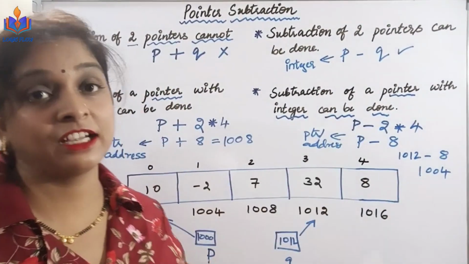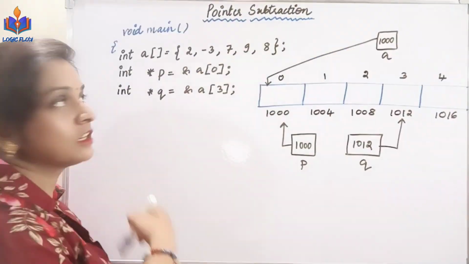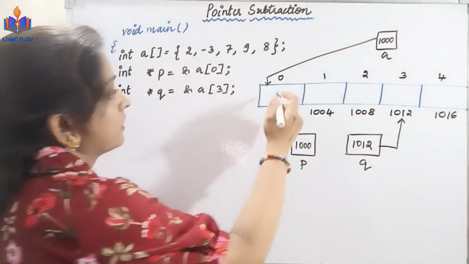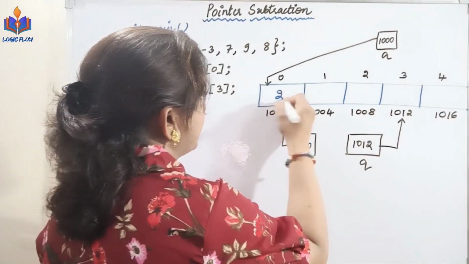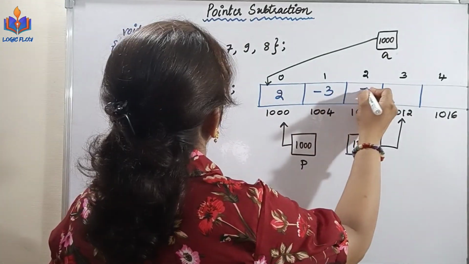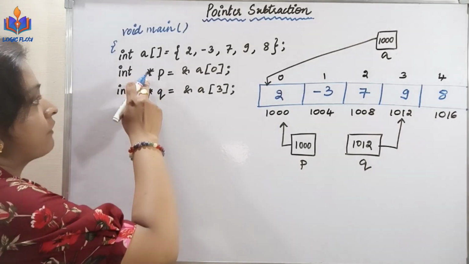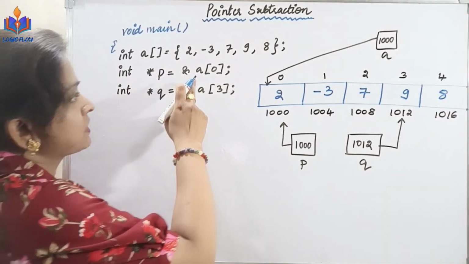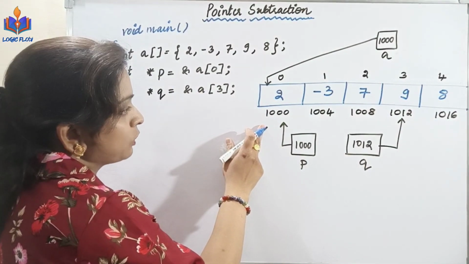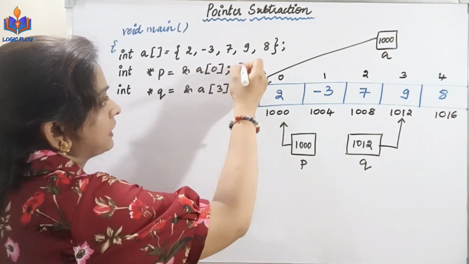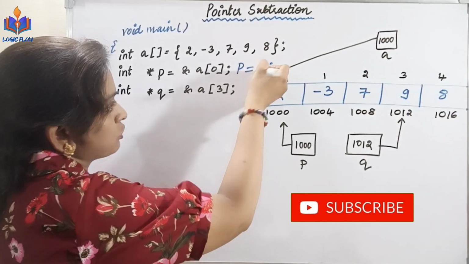How to do this? Let us see with an example. Here we have the array declared and initialized with the values 2, minus 3, 7, 9 and 8. Now we have a pointer variable P that has the address of A of 0. You can also write it like this: instead of writing address of A of 0, you can just write P equal to A. This is also fine.